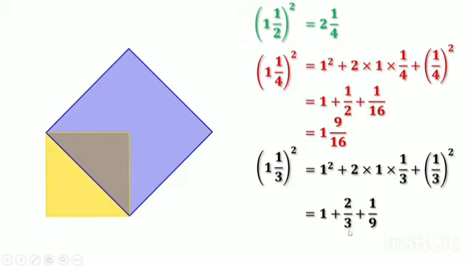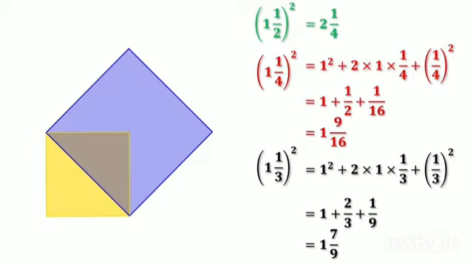So let us multiply both numerator and denominator by 3. So 2 by 3 is equal to 6 by 9. 6 by 9 plus 1 by 9 is 7 by 9. 1 plus 7 by 9 is 1 7 by 9. This is less than 2, but it is closer to 2 than (1 1 by 4) squared. That means the side of this large square cannot be 1 1 by 3.